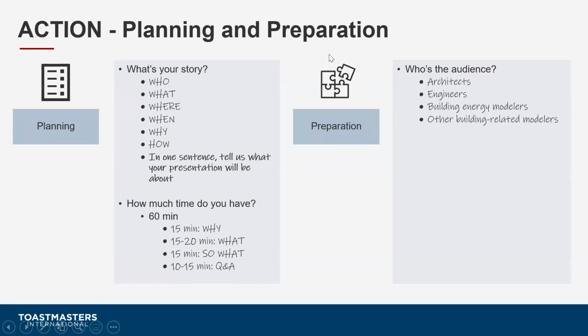Now, for preparation, you want to think about who is your audience. So for the conference coming up next week, there may be architects, engineers, building energy modelers, other building related modelers. So I do airflow simulation, contaminant simulation. And when I went to a conference such as the one next week, during some presentations, I can feel a little lost because energy modeling is not my bread and butter.